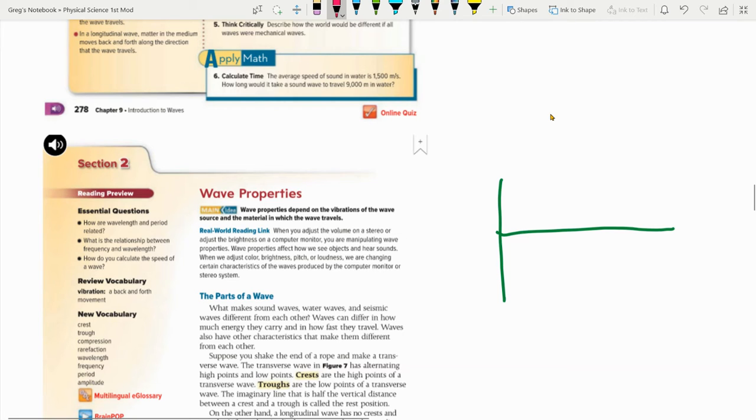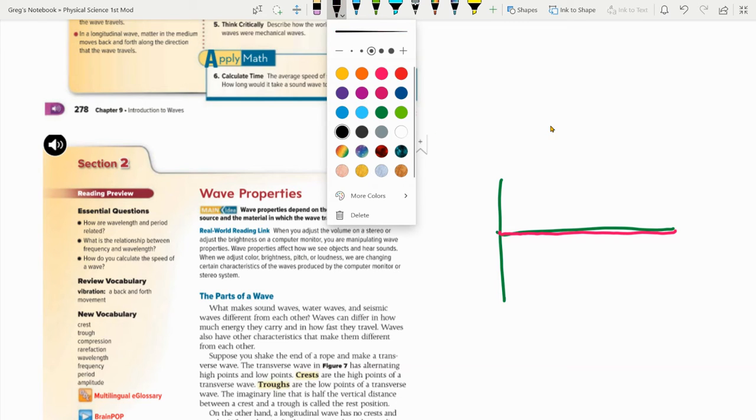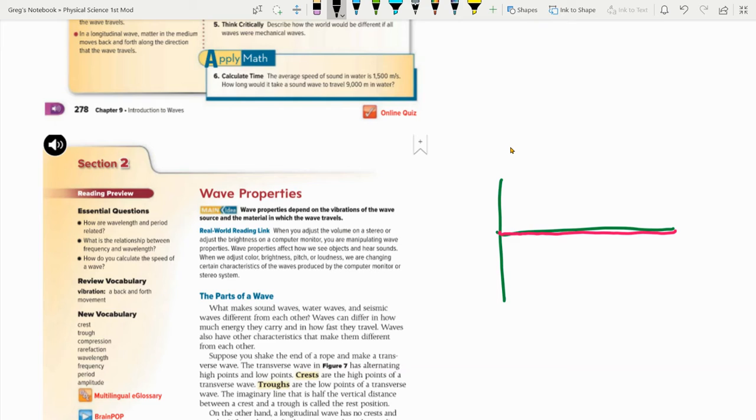Right now, if there is no disturbance or no energy, the wave lies flat. This bar right here is called the rest. There's no energy right now, so I'm going to have just a flat bar. It's at rest.